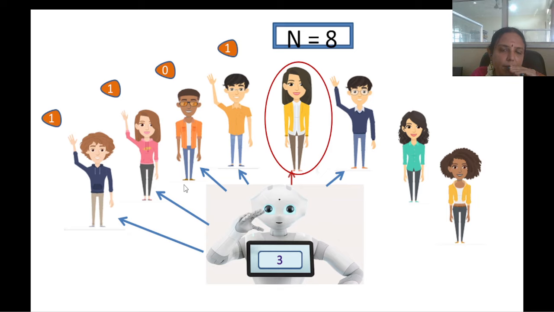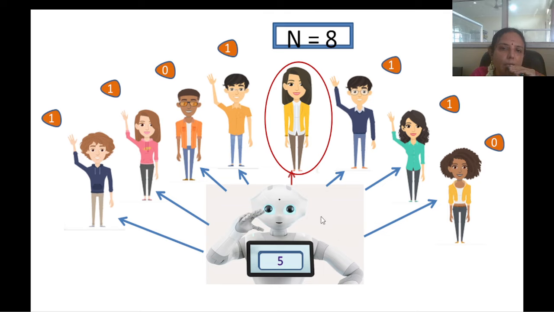Go to the next person, he has raised, so the value is 1. Increment. Next person raised, value is 1. Increment the count, so it becomes 5. The last person has not raised, so it is 0.